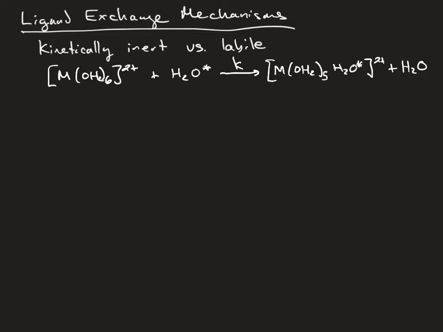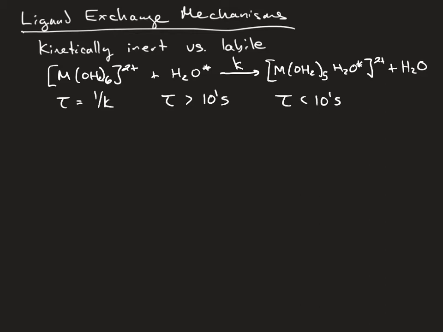We can define the average residence lifetime for one of those waters on that metal site with the symbol tau, which is related to k by 1 over k. In general, if tau is greater than 10 to the 1 seconds, we say that the species is kinetically inert, but if tau is less than 10 to the 1 seconds, then we say that the species is labile. And the shorter the lifetime of water on that metal center is, the more labile that complex is.